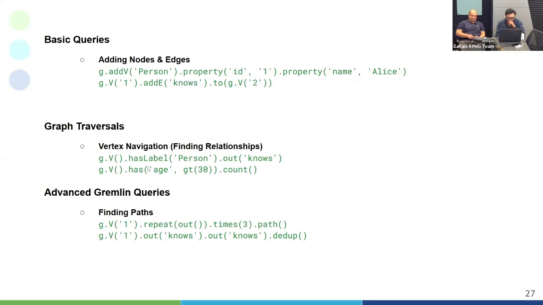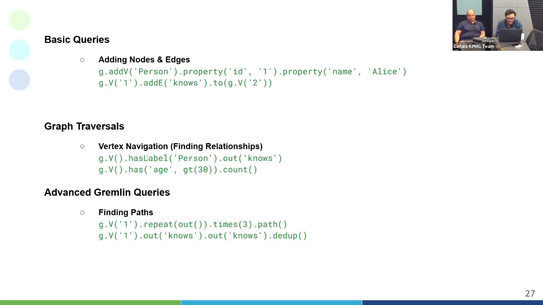And let's see the graph traversal. How can it traverse? The graph traversal is simple. We can identify each vertex via its ID property or its label.